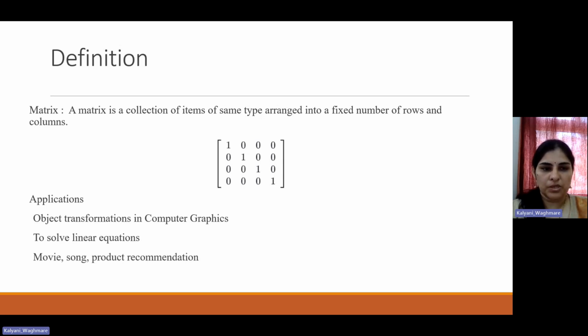Similarly, to solve linear equations using different algorithms like Gauss elimination method, Gauss-Seidel method, Jacobi's method, we can efficiently use matrix to perform these operations and get the solution.